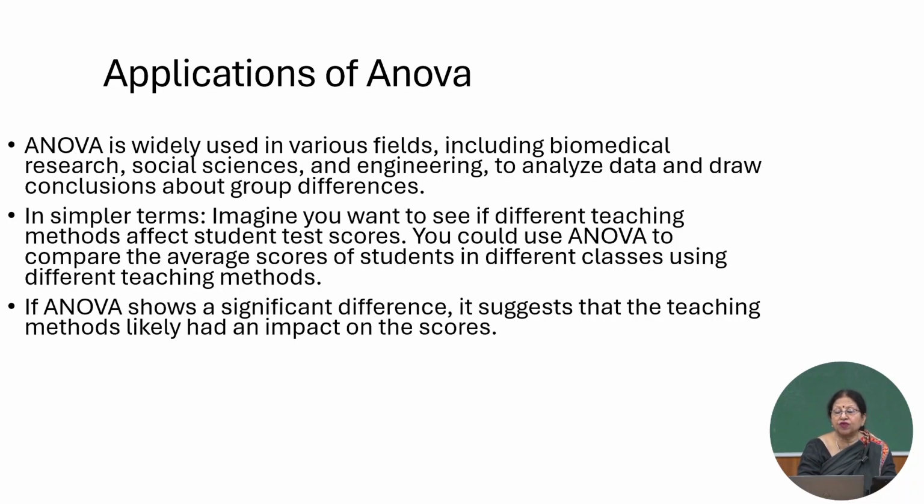You could use ANOVA to compare the average score of students in different classes using different teaching methods. If ANOVA shows a significant difference, it suggests that the teaching methods likely had an impact on the scores. So, you can draw inference from the ANOVA results. You can say whether it supports the hypothesis or whether it rejects the null hypothesis.